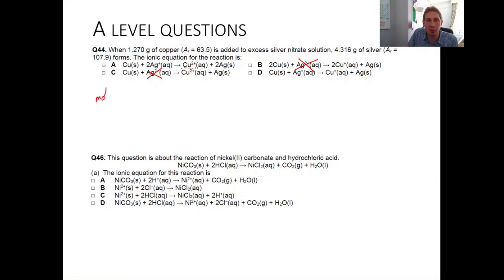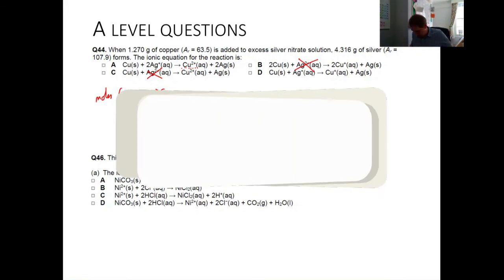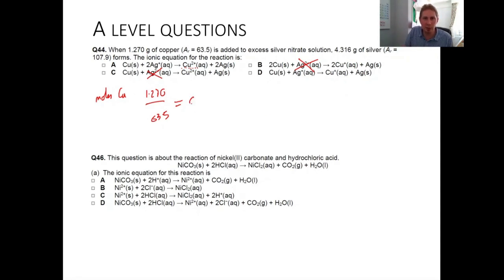So moles of copper, 1.270 divided by 63.5 gives 0.02. And moles of silver is 4.316 divided by 107.9, which gives 0.04.